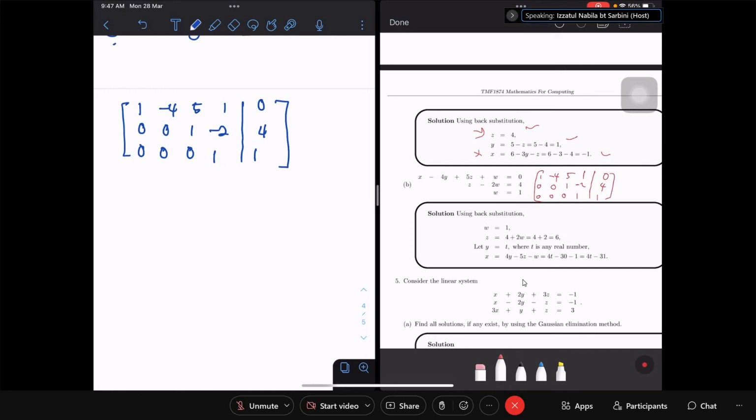Previously I did mention, how many types of solutions do you have? Can someone say it again? How many types of solutions do you have? You have 3 types of solutions. The first one is what?